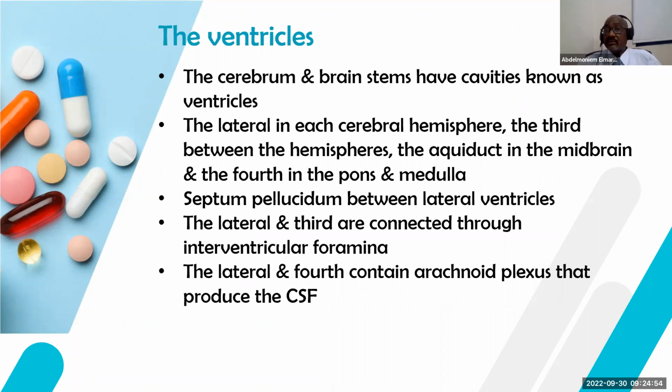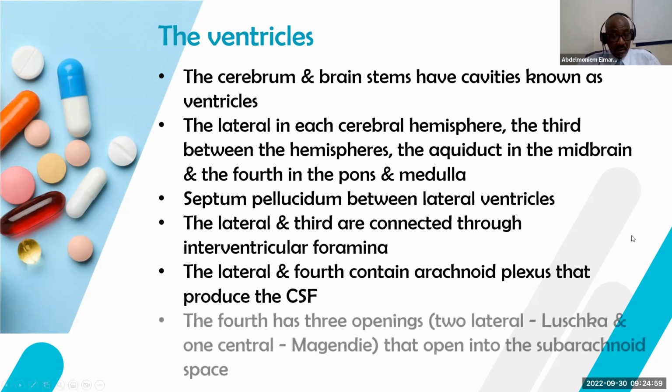Okay. Now, for the cerebrospinal fluid to move out of the fourth ventricle, the fourth ventricle has three openings. One central one in the center at the back, and two side ones.